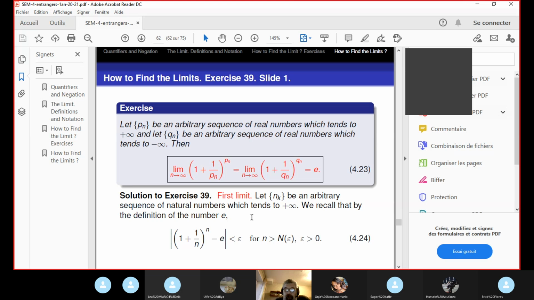It's the formula 4.24. I hope you know this.